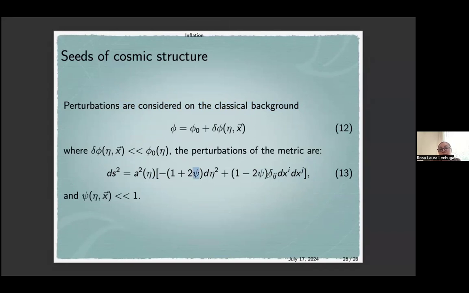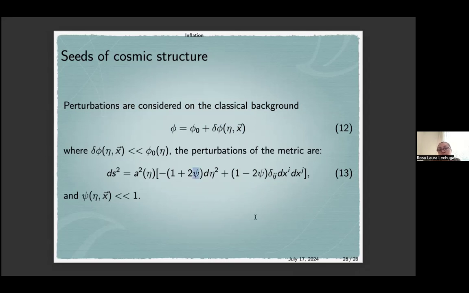If you attend the perturbation course after this, it could help you, because here I only use the final result. People consider scalar perturbations for the inflaton, and they consider the perturbations on the metric at the scalar level, at first order, and they choose a particular gauge. It's known as the Newtonian gauge, and this is the well-known Newtonian potential.